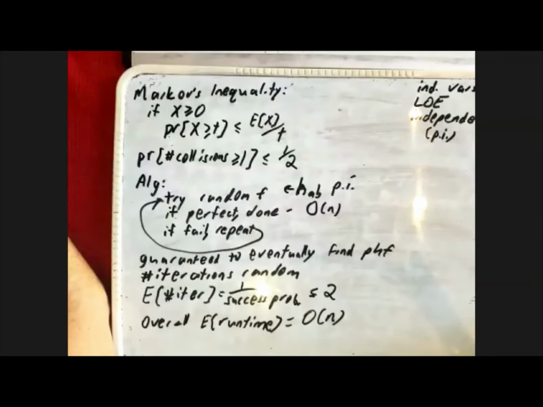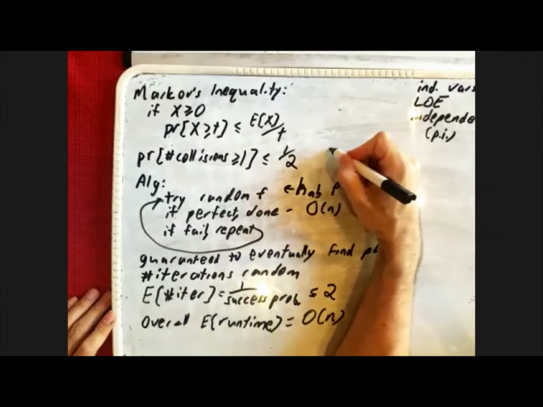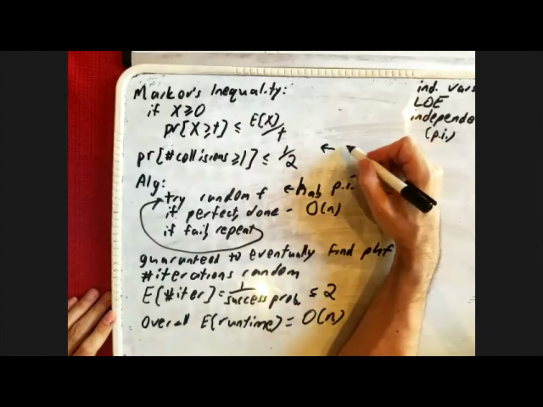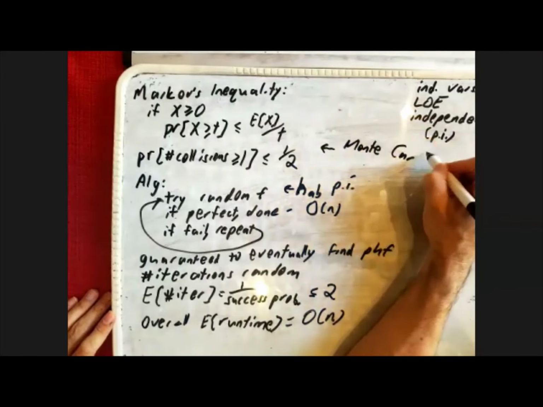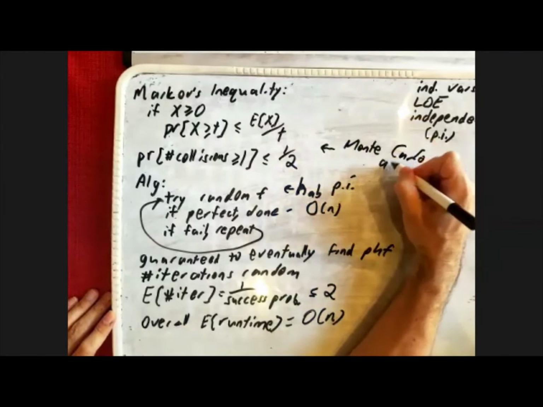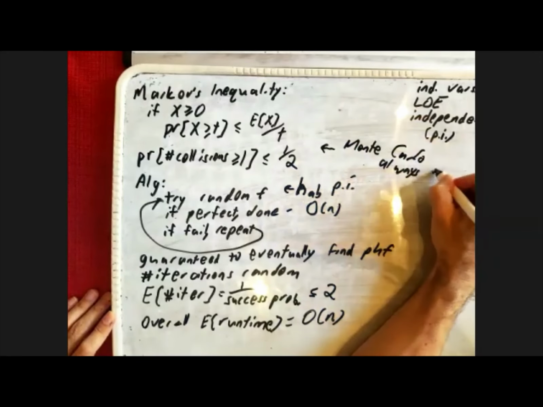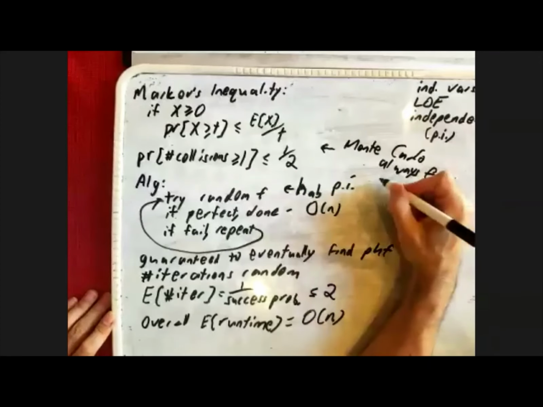So now we have a mechanism for generating a perfect hash function. Actually, we have two mechanisms, and I'll just give you some vocabulary here. So this algorithm that we started with that had a 50-50 chance of success is what's known as a Monte Carlo algorithm. It's always fast, and it often works.